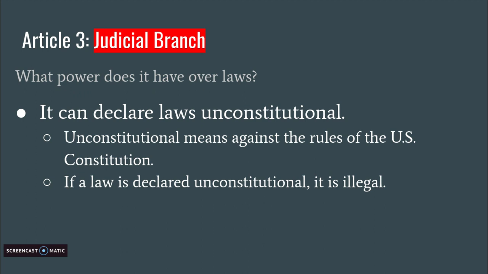And if a law is declared unconstitutional, it is illegal. The law is void. It can no longer be. So even if Congress passed it, and even if the president signed it into law, if the Supreme Court says this is unconstitutional, then the law is illegal and it cannot be.